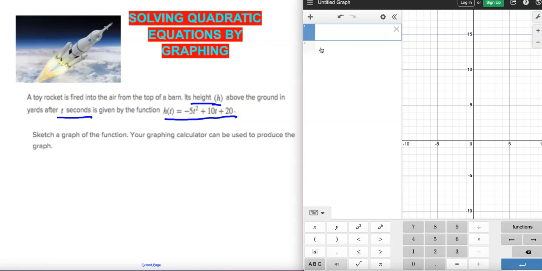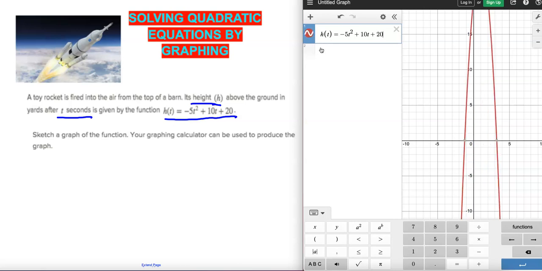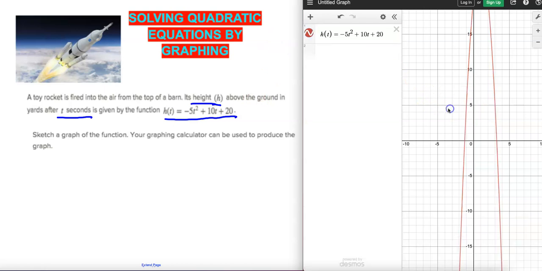So it is H of T equals -5 t squared plus 10t plus 20. I just put it in based off how the equation is.